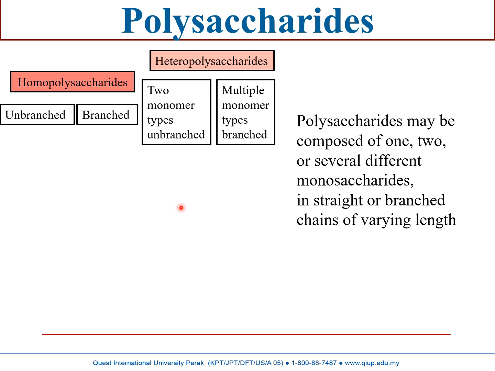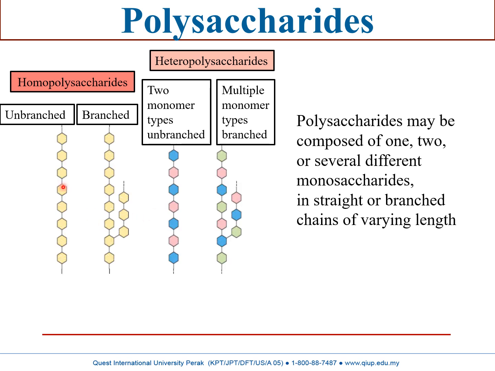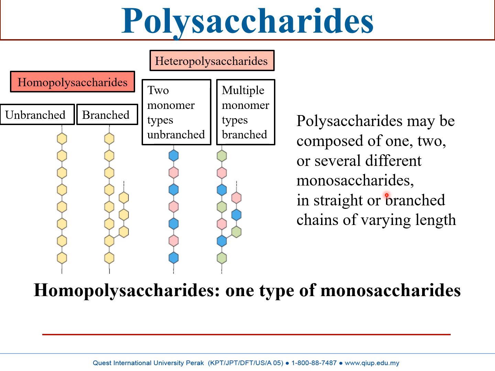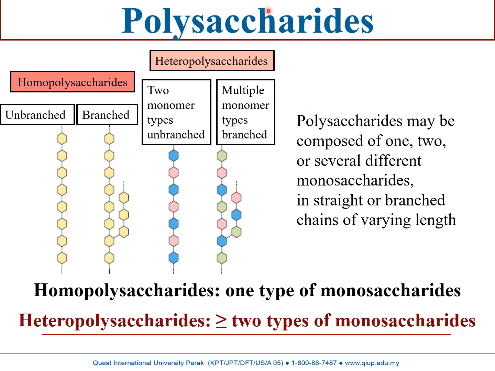If it's all the same type of sugar like glucose, shown in yellow, a straight chain is unbranched. If it has branching, then it's a branched homopolysaccharide. The heteropolysaccharide has two different types of monosaccharide, indicated in blue and pink there, and they are also unbranched and branched, explained here further.